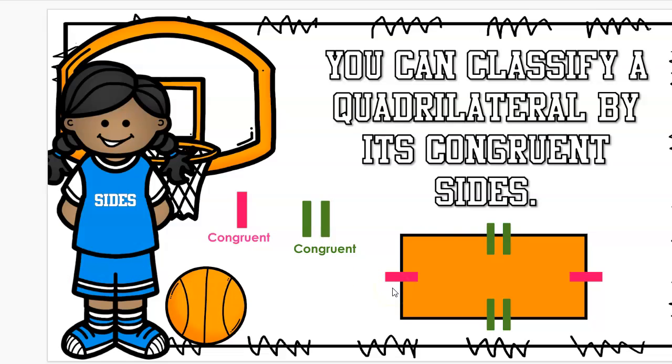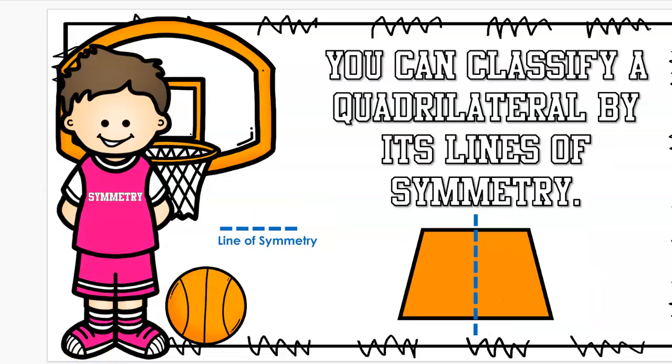This has 2 sets of congruent sides, one indicated by the pink single line and the second by 2 green lines. Another way is by its line of symmetry. This rhombus has 1 line of symmetry. Some quadrilaterals have more than 1. The line of symmetry divides it into similar looking shapes.